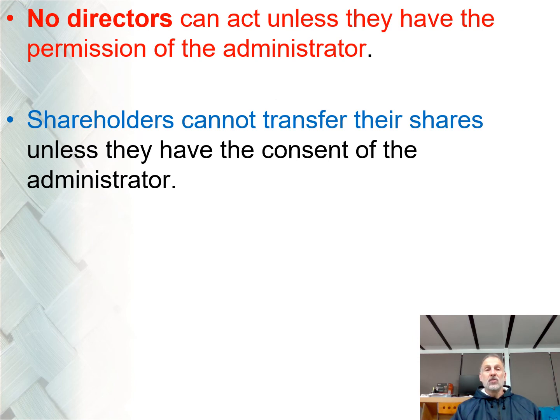So two things we've already spoken about. No director can act unless they have the permission of the administrator. And with regards to the shareholders, they cannot transfer the shares unless they have the consent of the administrator.